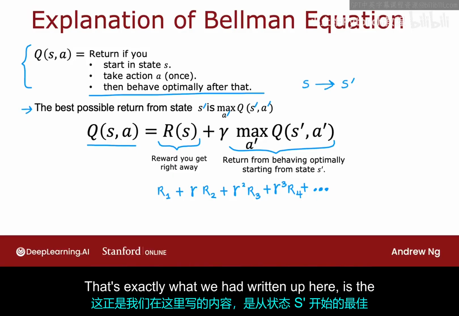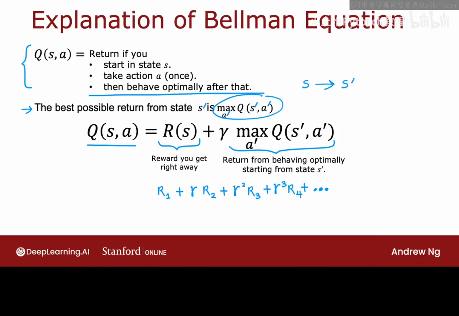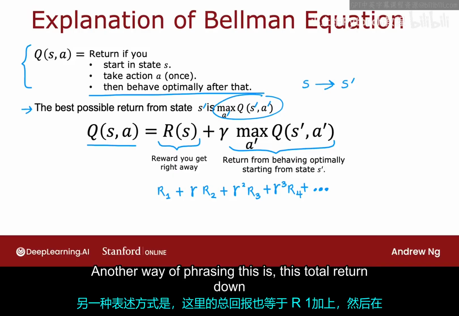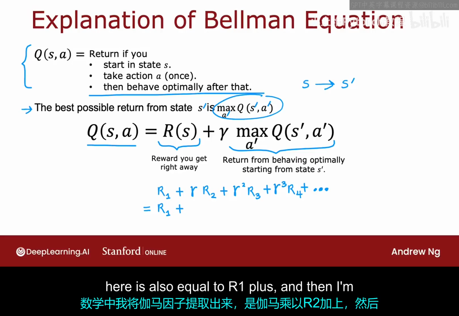That's exactly what we had written up here, the best possible return for when you start from state S prime. Another way of phrasing this is, this total return down here is also equal to R1 plus, and then I'm going to factor out gamma in the math.